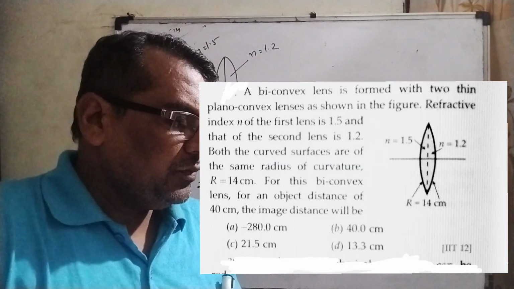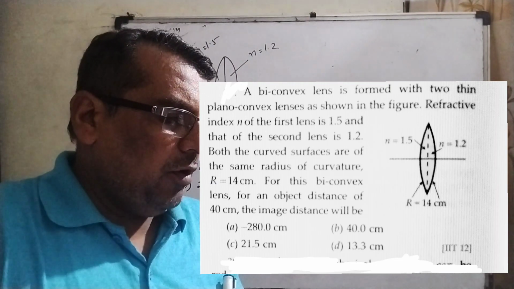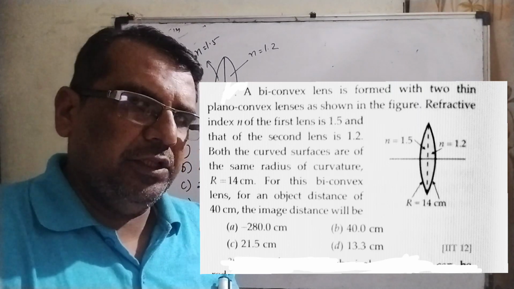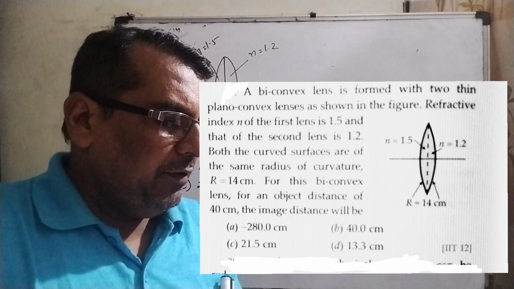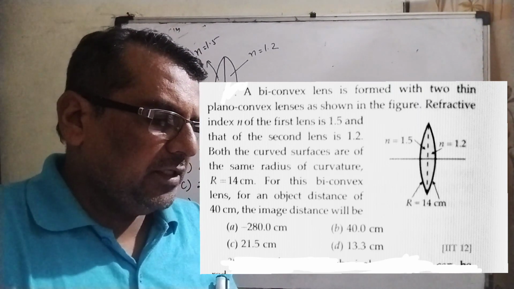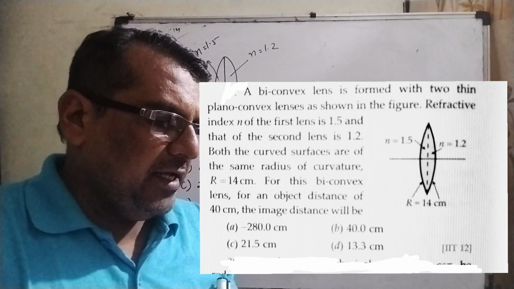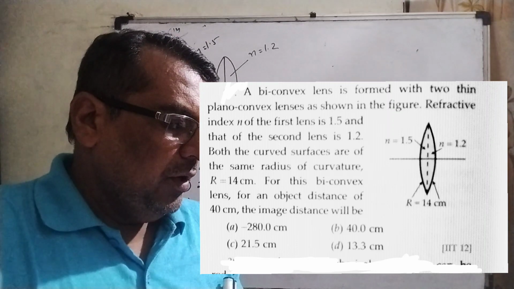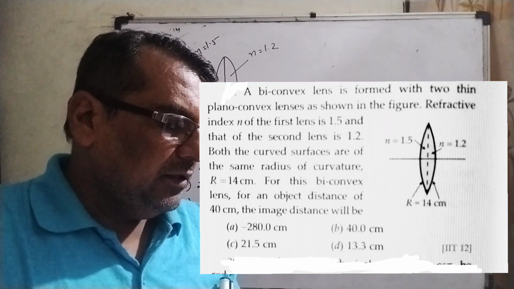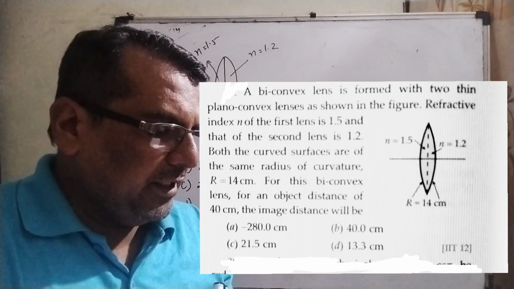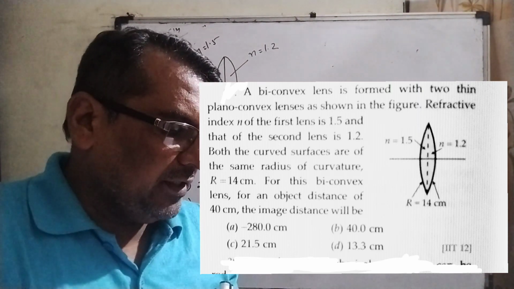Next question. A biconvex lens is formed with two thin plano convex lenses as shown in the figure. Refractive index n of the first lens is 1.5 and that of the second lens is 1.2. Both the curved surfaces have the same radius of curvature r equal to 14 centimeter for the biconvex lens.